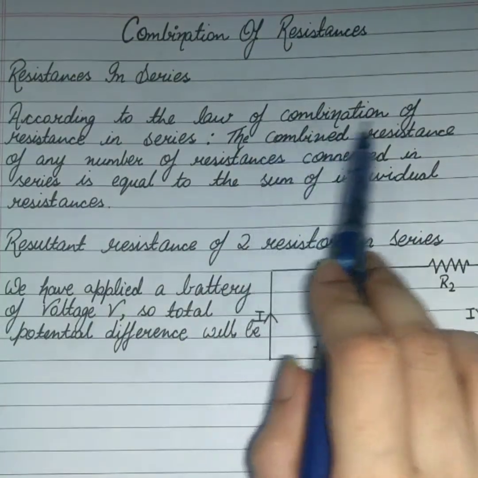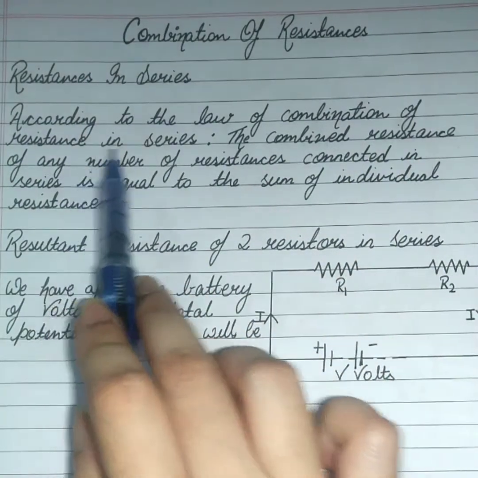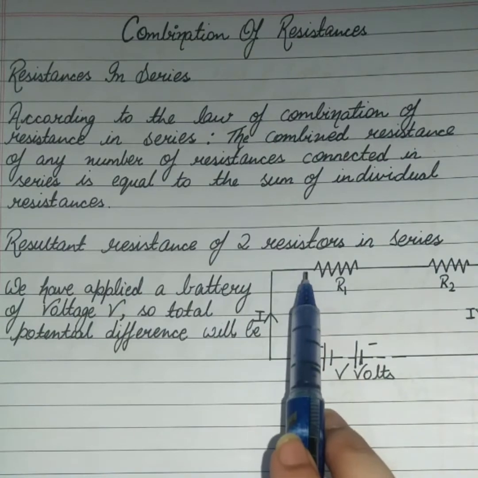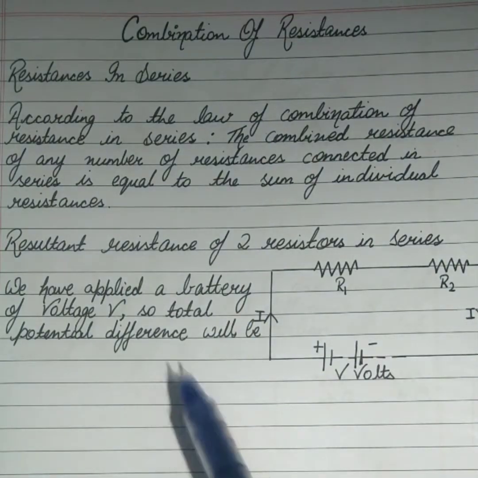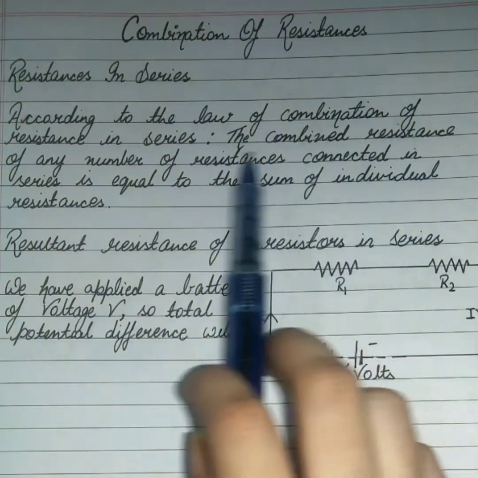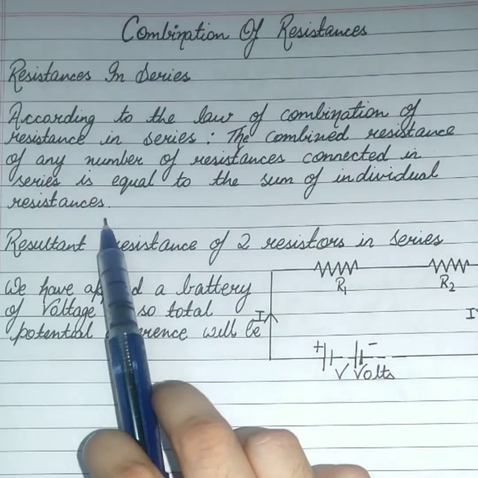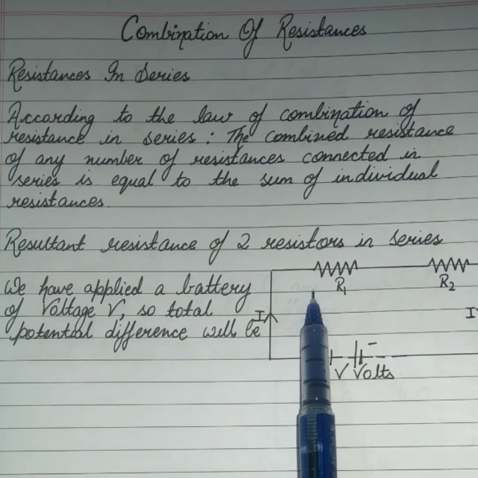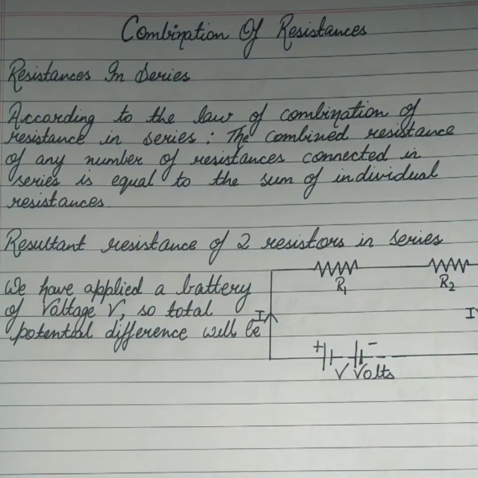The combined resistance of any number of resistances, for example in this circuit there are two resistances, there could be many, is equal to the sum of individual resistances. We just need to add up these individual resistances and we will get the resultant resistance of the circuit.